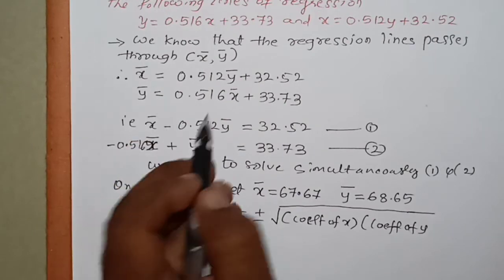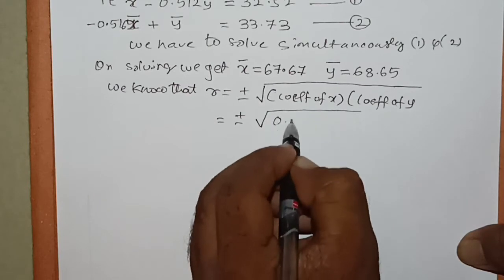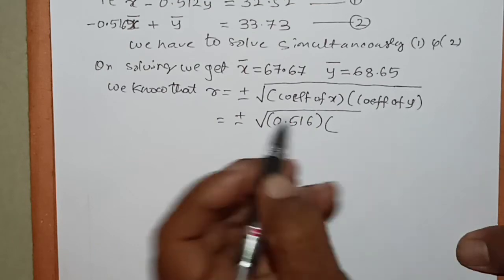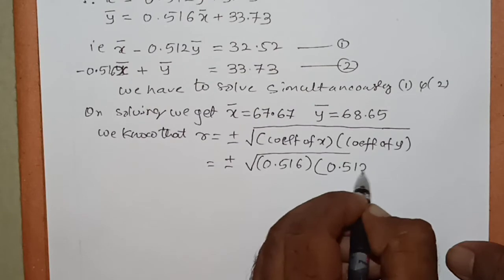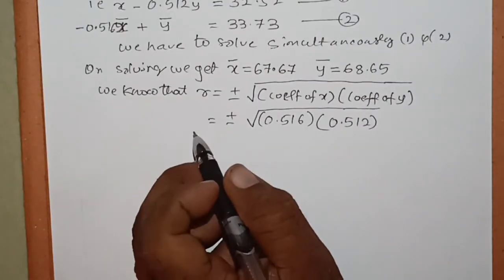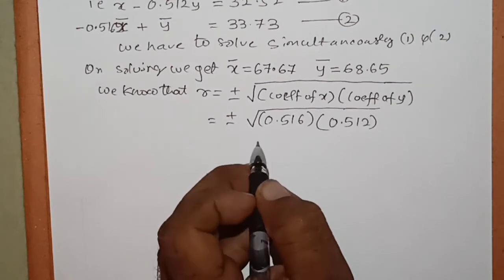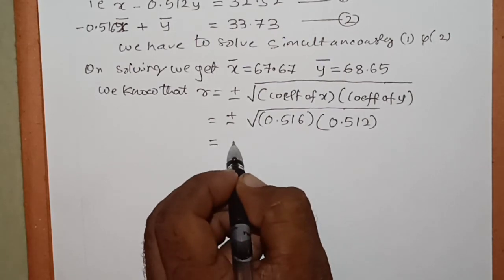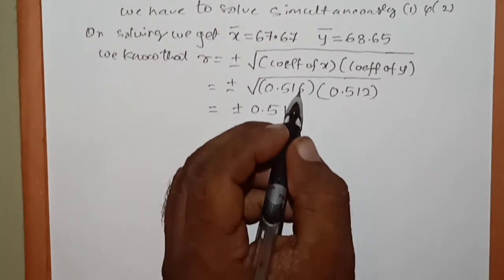So coefficient of x is 0.516 into coefficient of y, it is 0.512. This answer always lies between minus 1 and plus 1. So after calculating, we are going to get plus or minus 0.51.